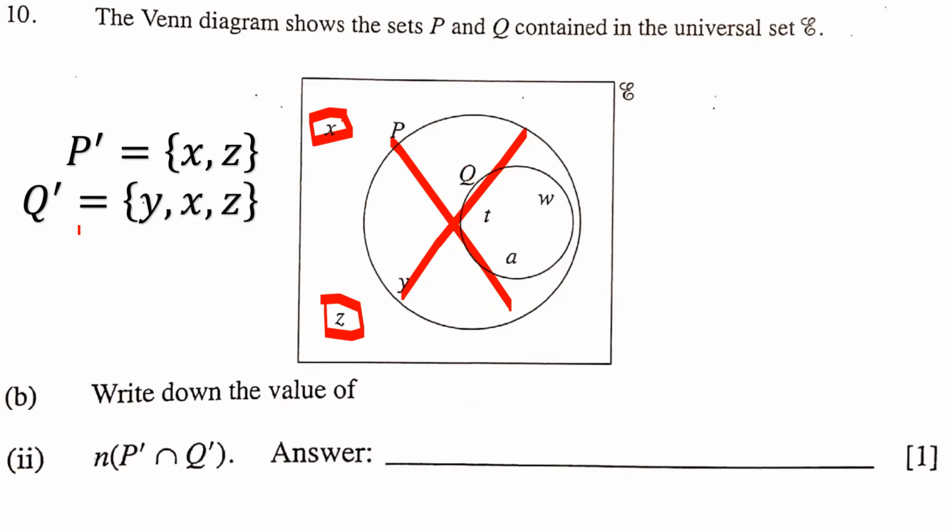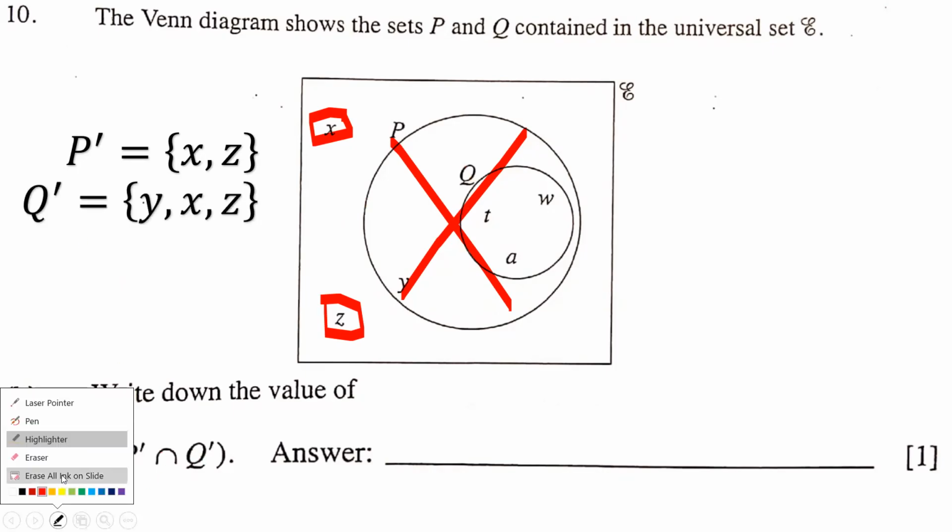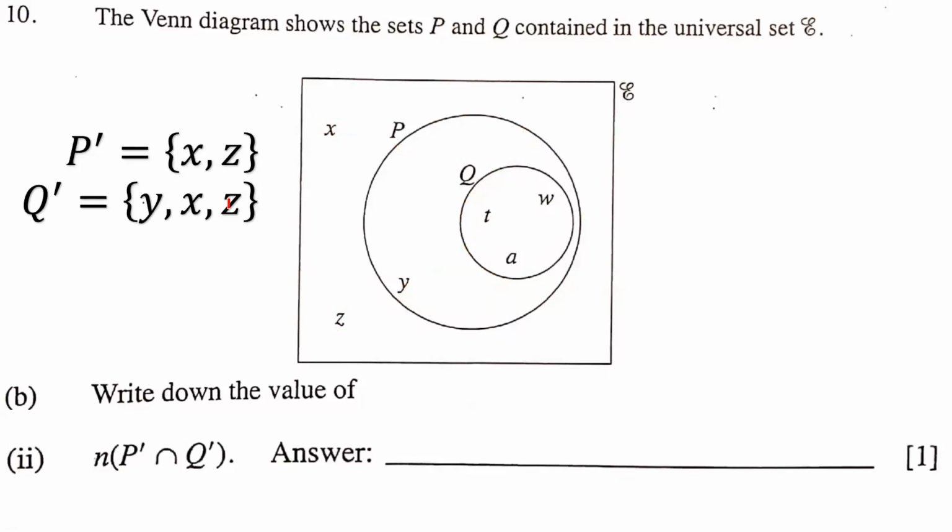All right, now Q complement. Well, Q complement is the same idea. Remember, what we want to do is figure out all of the elements that are not in Q, right? But are inside the universal set. So we have 3 of them. That's going to be Y, X, and Z. But they want the intersection of these 2 sets. And so what elements do they have in common?